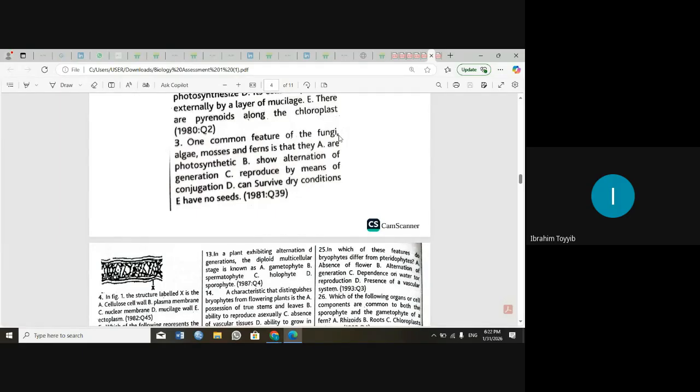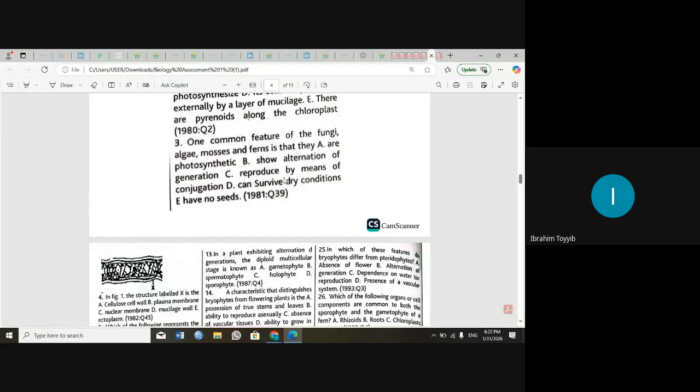Do the fungi have seeds? No, it's just spores. Algae, do they have seeds? No. Thallophyta, the red algae, no. Mosses, ferns, they don't have seeds. They are seedless plants, pteridophytes. Are pteridophytes seed plants? Are fungi seed plants? Are algae seed plants?